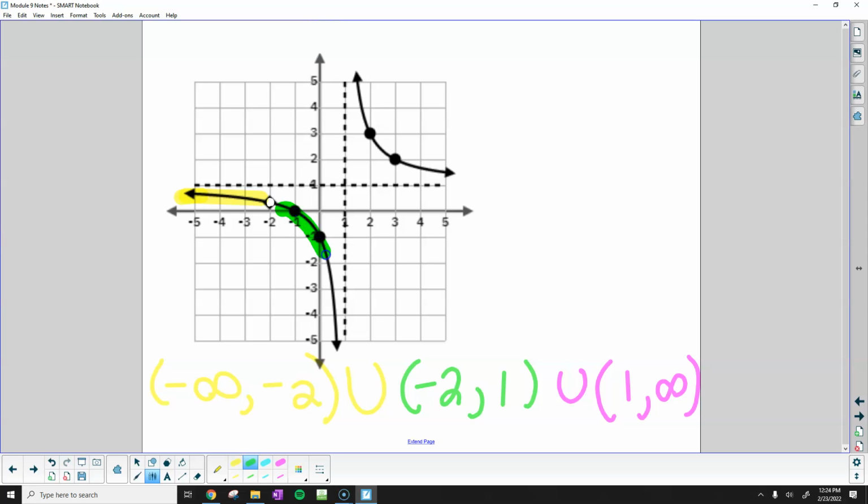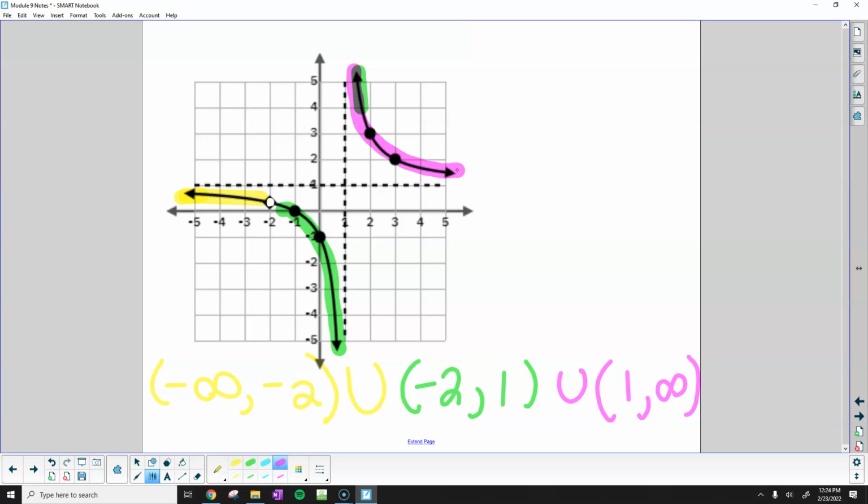And then it goes. And remember, it gets as close as mathematically possible to the vertical asymptote, but it never touches it. So we also have a branch over here, so I need to go to the other side of the vertical asymptote. And then it picks up as close as it can to the 1, and it goes forever.